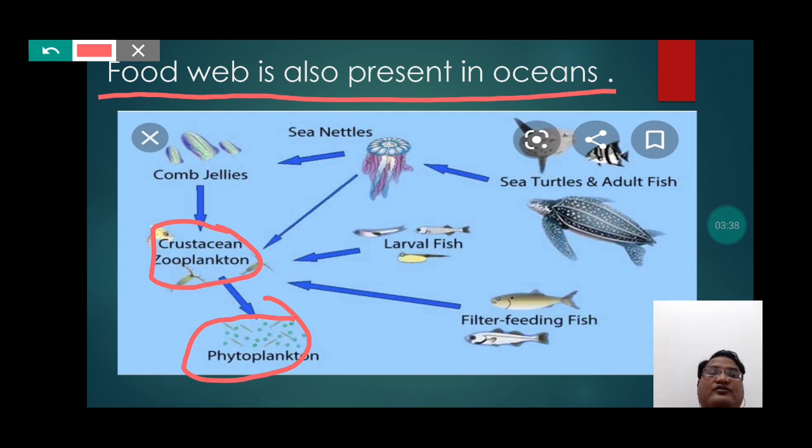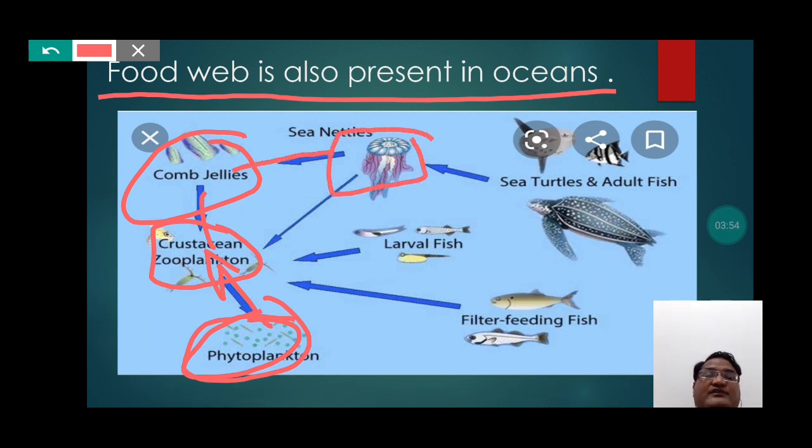Here also you can notice that the phytoplanktons are connected with the zooplanktons, zooplanktons are connected with the comb jellies, and comb jellies are further connected with the sea nettles. So students, that's the first food chain.